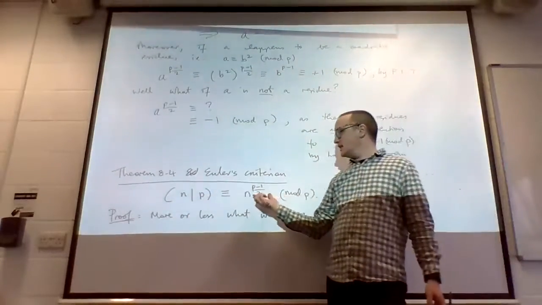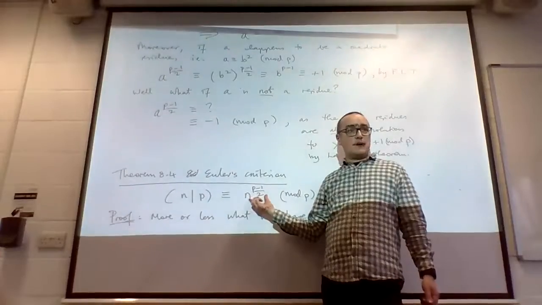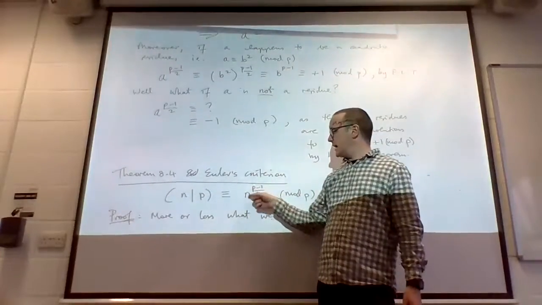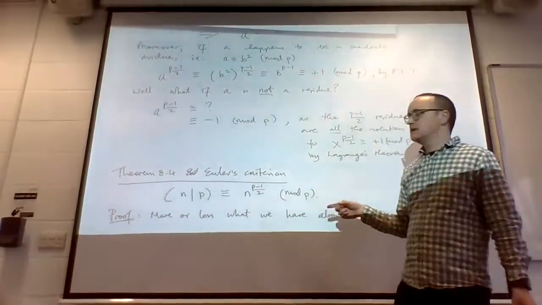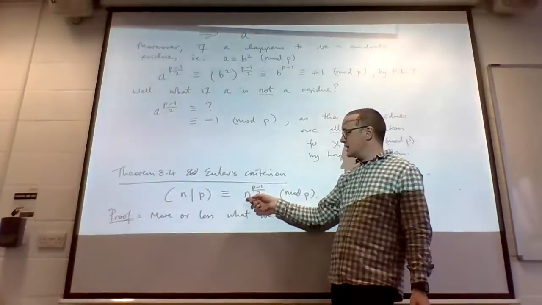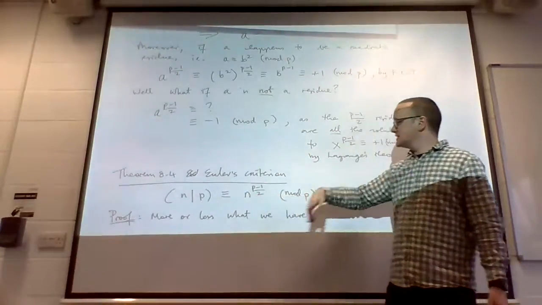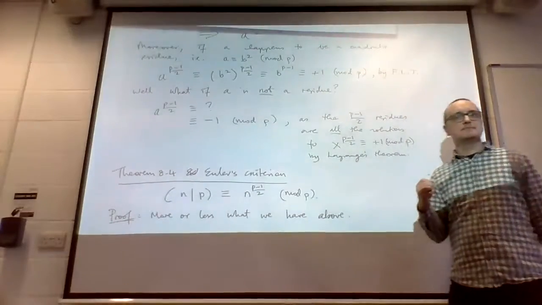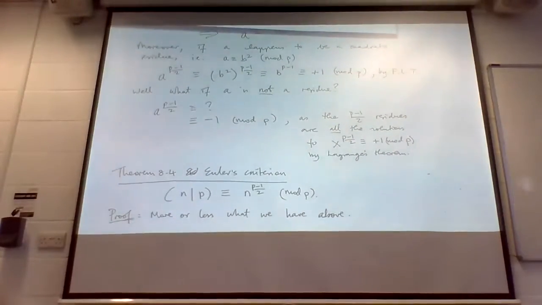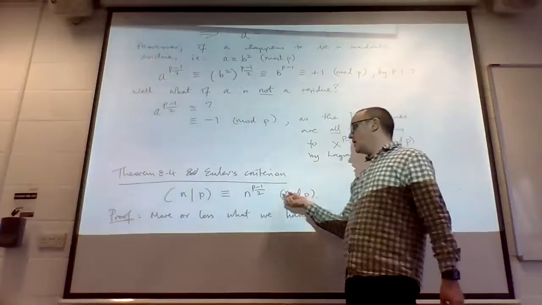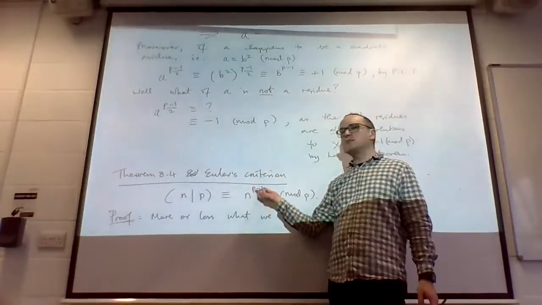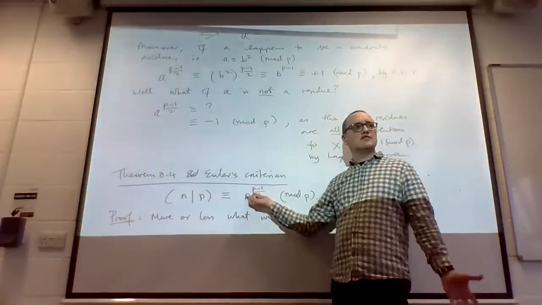But now we've got a quantity. It's a power of n, a meaningful power, half of the value p-1. So you can work out this congruence class and figure out whether it is plus 1 or minus 1 mod p.